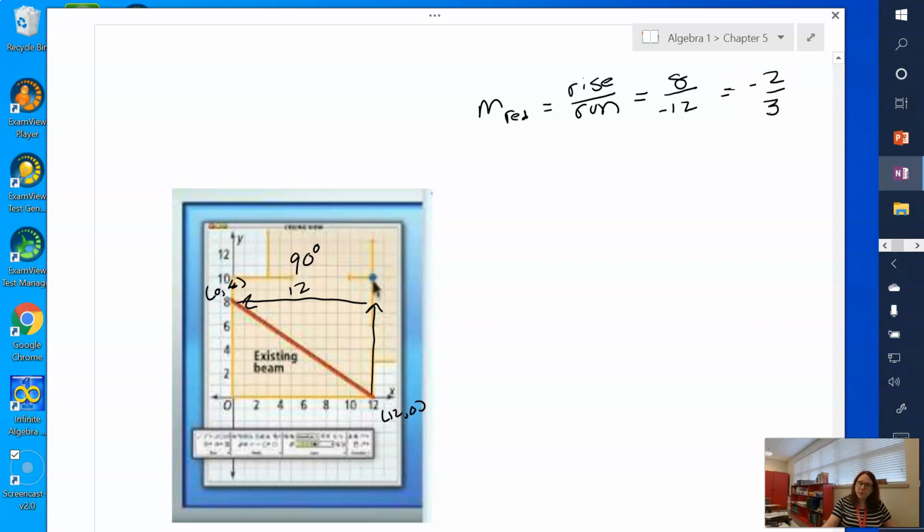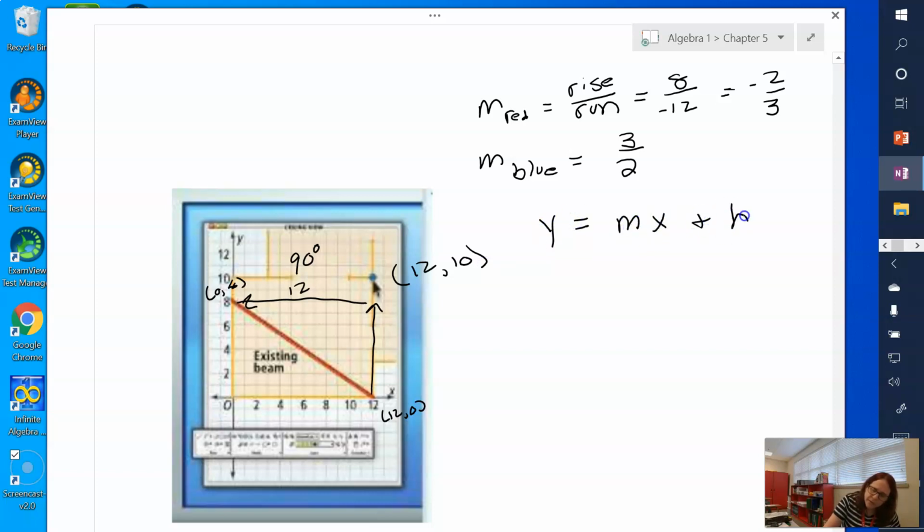So now the slope for the blue line, flip and switch. So slope blue is going to be 3 over 2. There's the flip. I started off negative, so I'm going to make it positive, so I've already done my switch. Now the next thing I'm going to do is write the equation. And this point here, let's go ahead and get this point. This is at 12, 10, is our point. So y equals mx plus b.